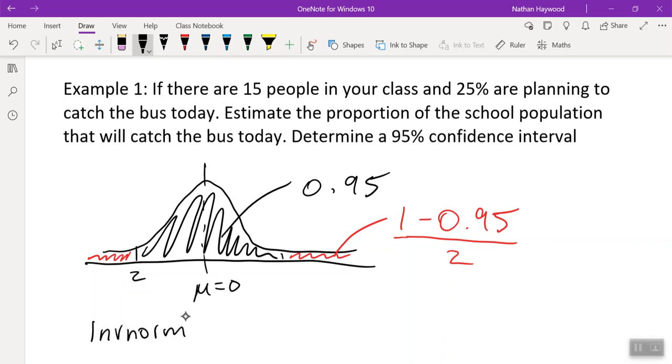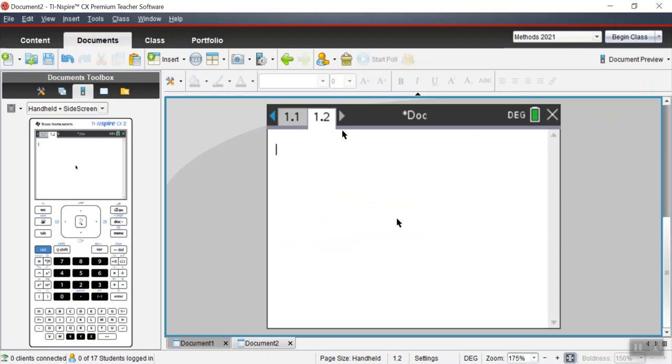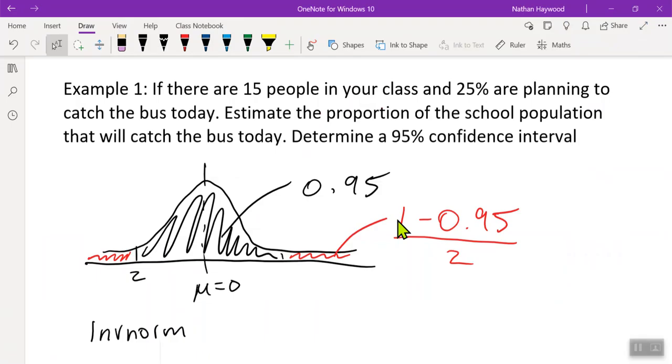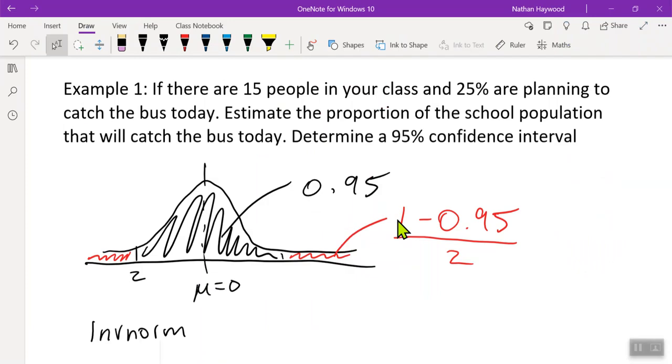So if you have your calculator handy, turn it on. Before I do the calculator, I need to finish this red bit here. So this is equal to 0.025.